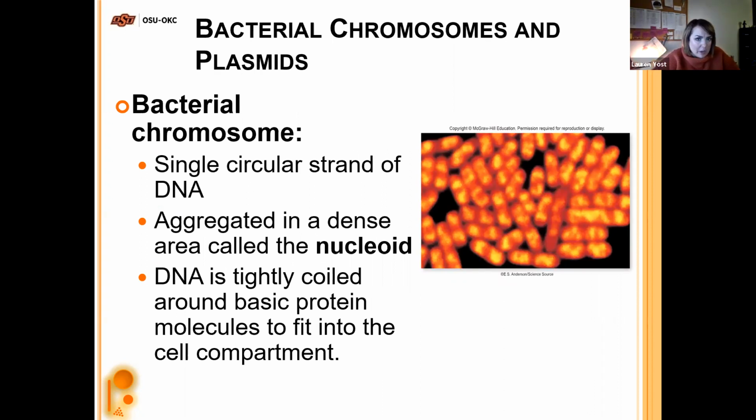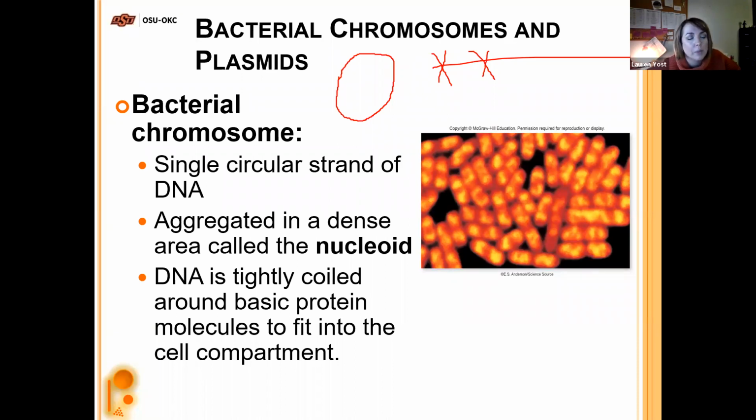The chromosome of the bacteria. Bacteria have a single strand of DNA as their chromosome, and it is a circle. And that's it. They don't have the complexity that we have. They have one circle. That's their chromosome, their normal genetic makeup.